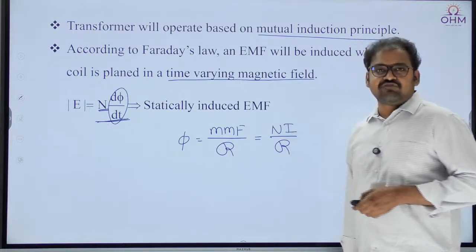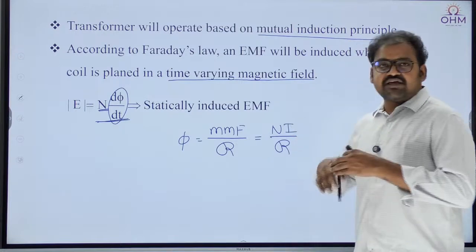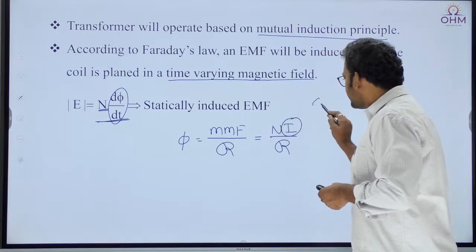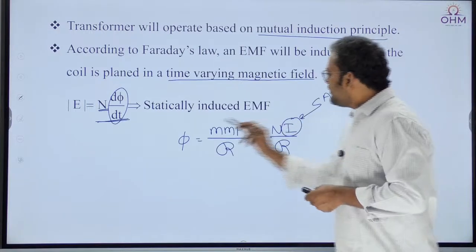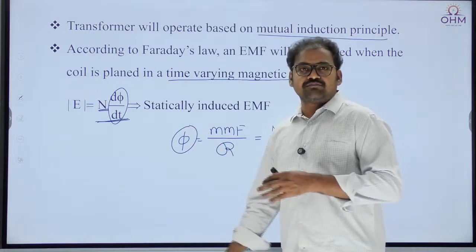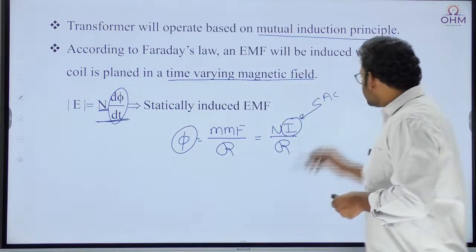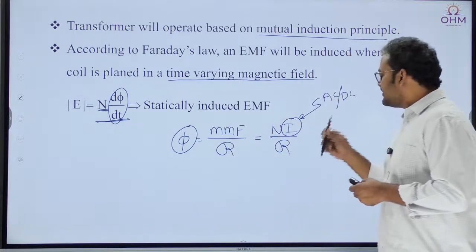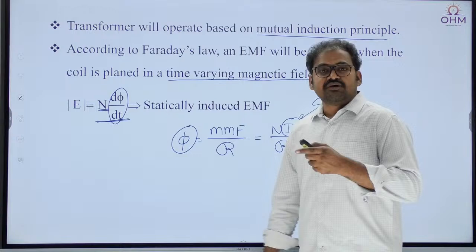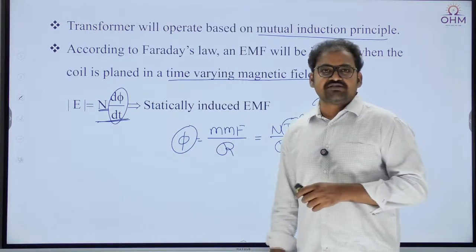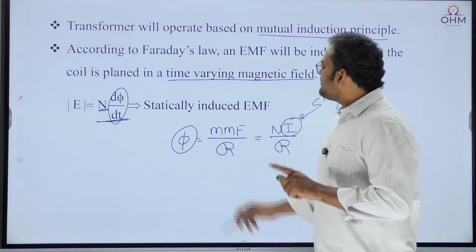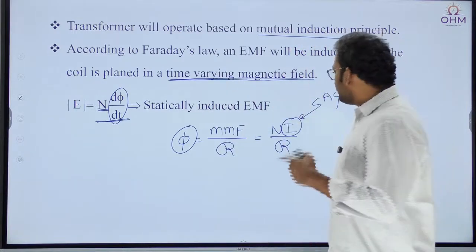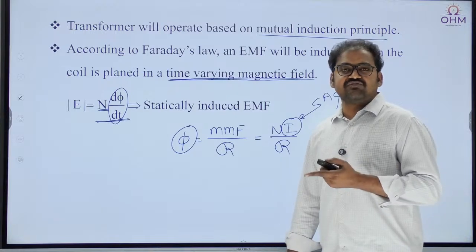N is the number of turns, and I is the excitation current that we are giving. If you give AC current, that is a time varying current, the flux also becomes time varying flux. Whereas if you give DC current, the flux becomes time invariant magnetic flux, that is DC flux. For the purpose of a transformer, we need a time varying magnetic field. Therefore, we have to excite the magnetic system with AC current.